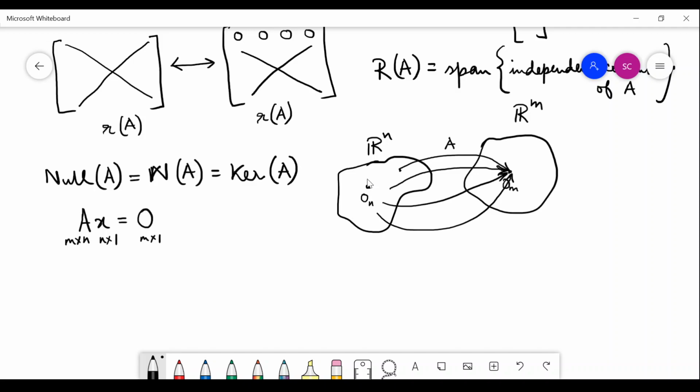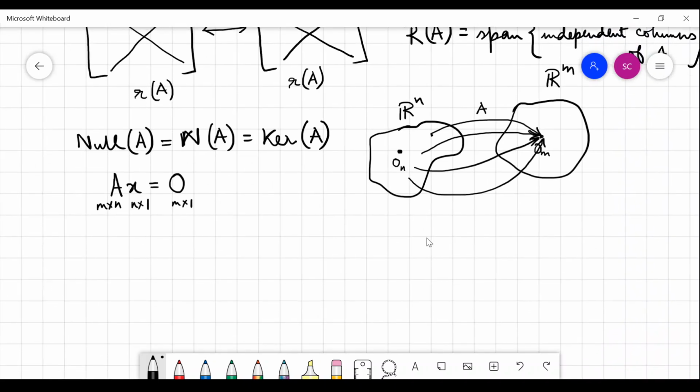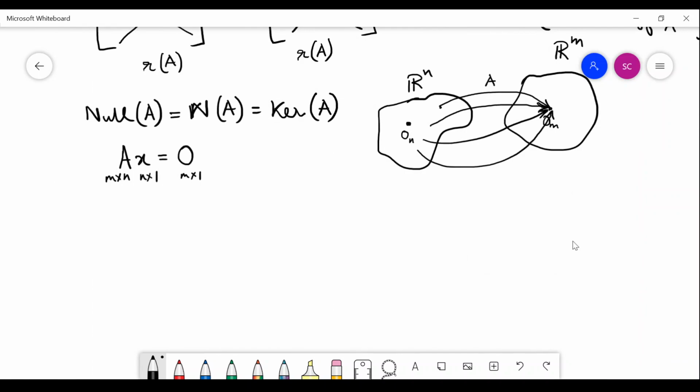The question is whether the 0 vector is the only vector within the kernel of A, whether N(A) is only 0n or whether it is a span of some other vectors. That is the question.